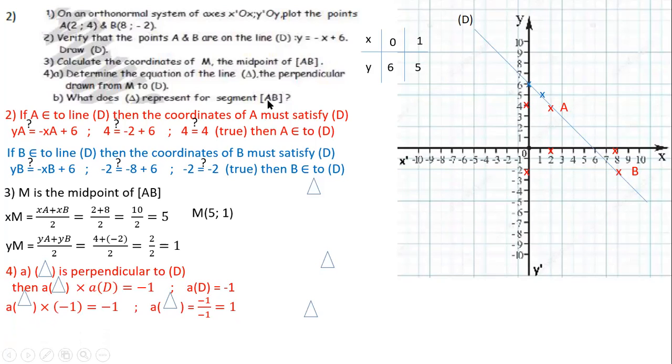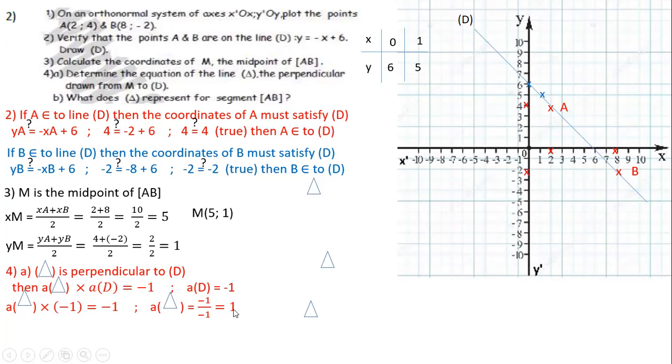The slope of D, if we look at D, is the coefficient of X. If the coefficient is minus, then what will be the slope of D? -1. Bravo, -1. So we replace the slope of D by -1, then the slope of delta is equal to -1 over -1, then the slope of delta will be equal to 1.